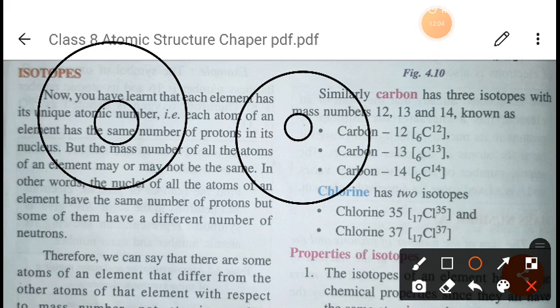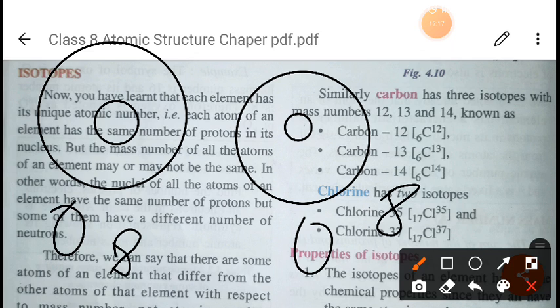Suppose this is an atom of oxygen, and this is also an atom of oxygen. The number of protons in oxygen will be 8, right? And here also the number of protons is the same. But when you compare the atomic mass or mass number, sometimes it is not the same.